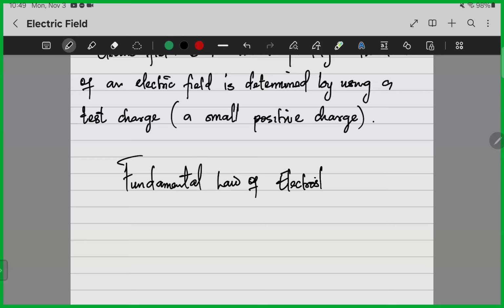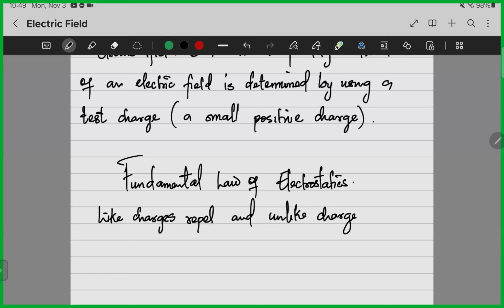There is a law of electrostatics, and this is very common where we say like charges repel. It is a law of electrostatics. Like charges repel, and unlike charges attract. That's the simple law of electrostatics.